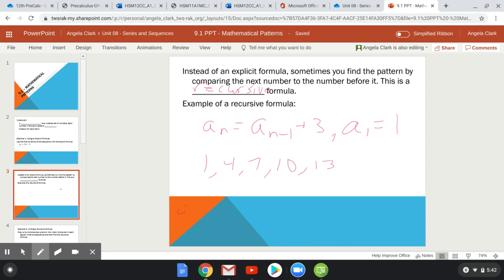Sometimes having an explicit formula makes things a lot easier, and sometimes having a recursive formula can be nice too. It really depends on the situation. If you're looking for one of the earlier terms, having a recursive formula is fine. But if you're looking for, say, term 100, then you probably want an explicit formula. Okay, so we're going to keep going with some examples in the next video.